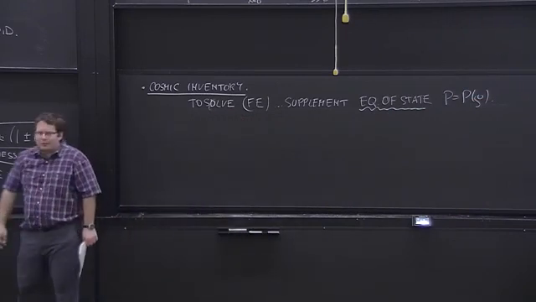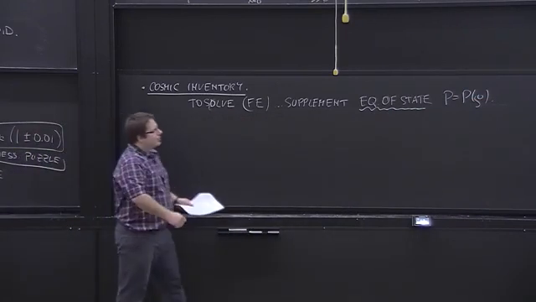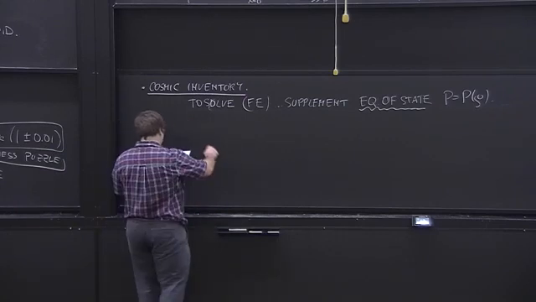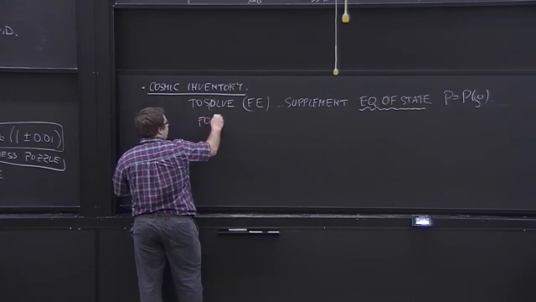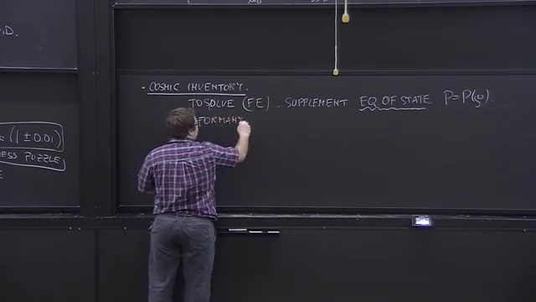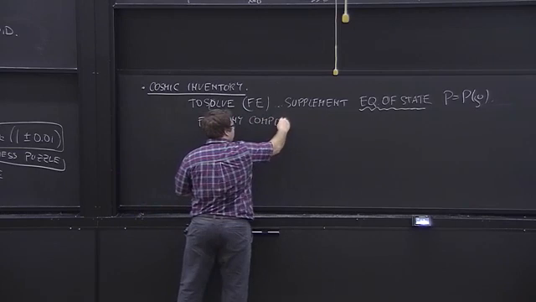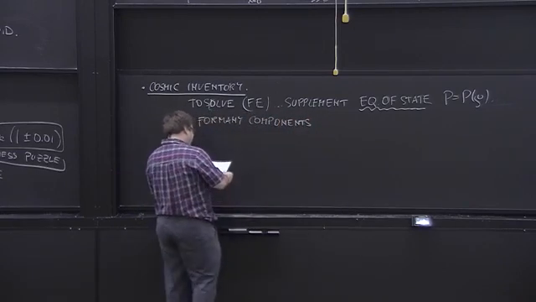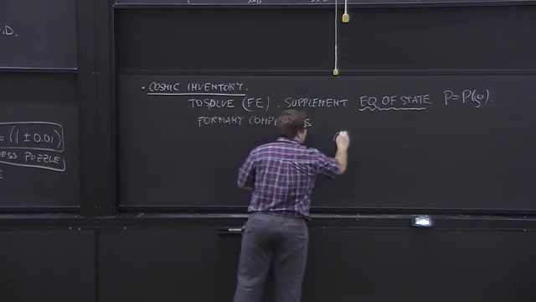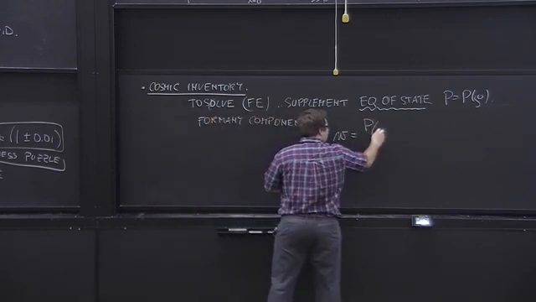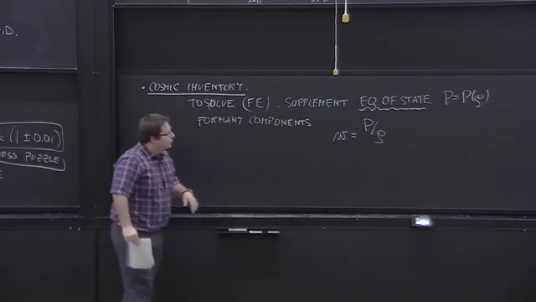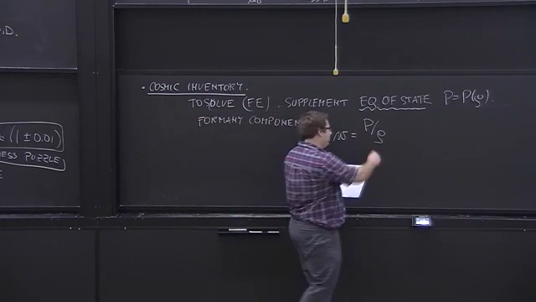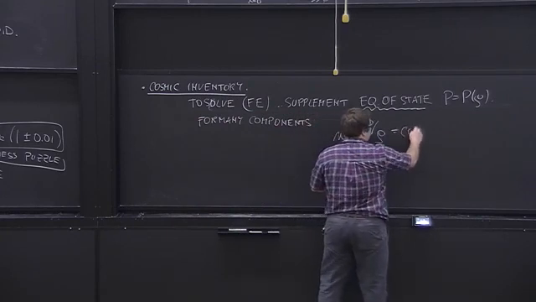It turns out that for many components in the universe, this equation of state is very, very simple. It's actually that P over rho is a constant. So for many components, you define a quantity W, which is the ratio of P over rho, and it's constant.